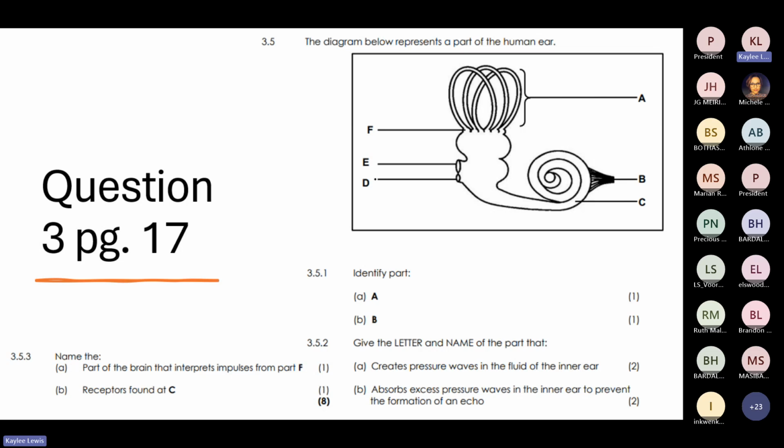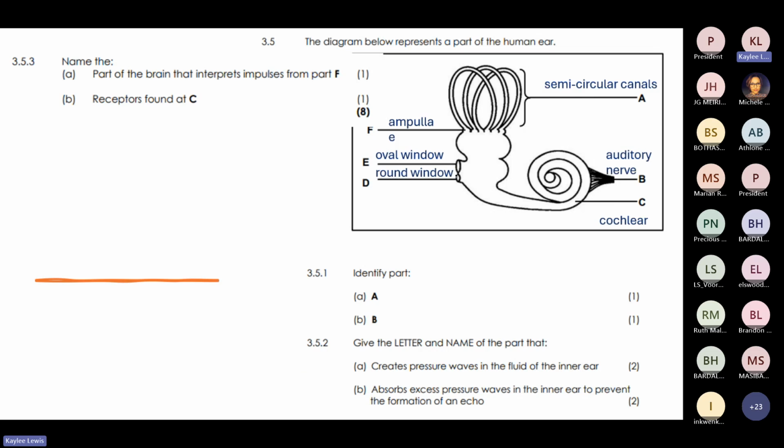Then we have D and E. Now, remember, shapes do help you, but they don't always draw it to scale. So the first one is going to be the oval window, which is E, and D is going to be the round window. I always remember O comes before R. So besides relying on the shape, you also have that way of remembering it.